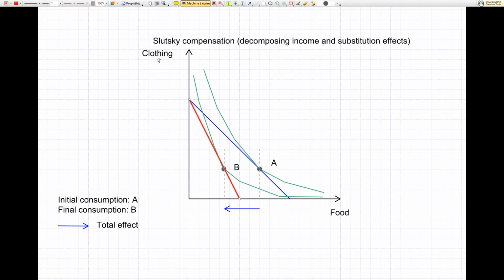So let's try to decompose the effect into two things. Let's do that by compensating the income of the person such that at the new relative prices, which is at B here, the initial consumption basket is available.